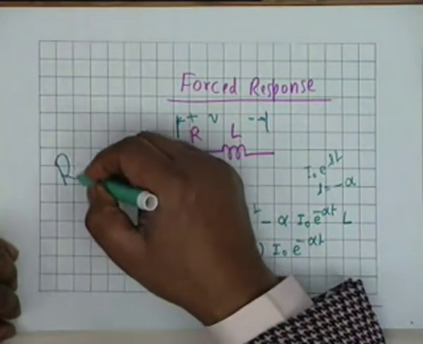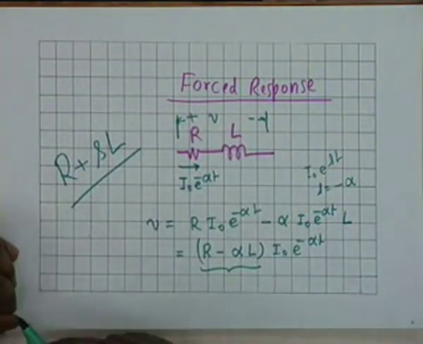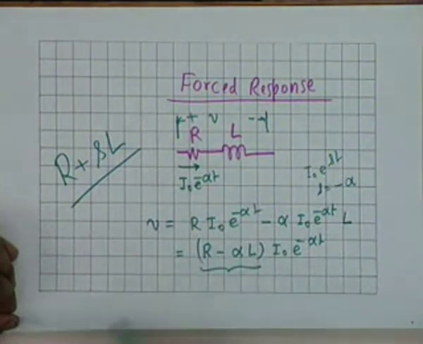The impedance in general is R plus sL, but s here is minus alpha, and therefore this is the impedance.